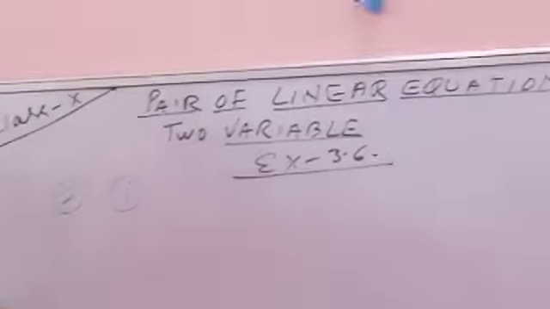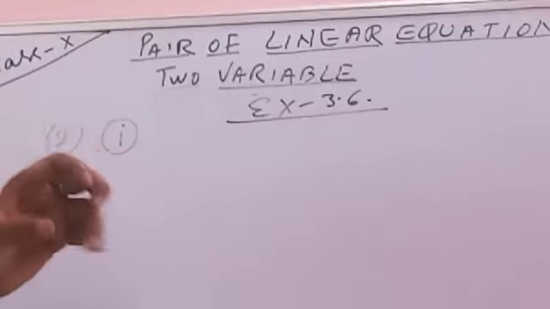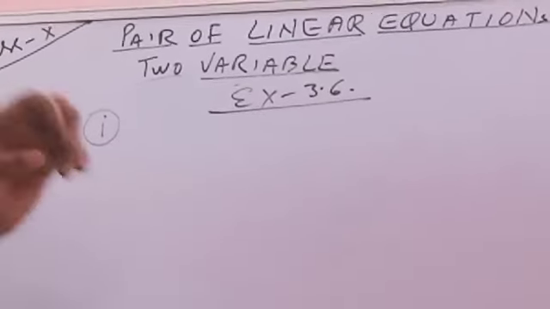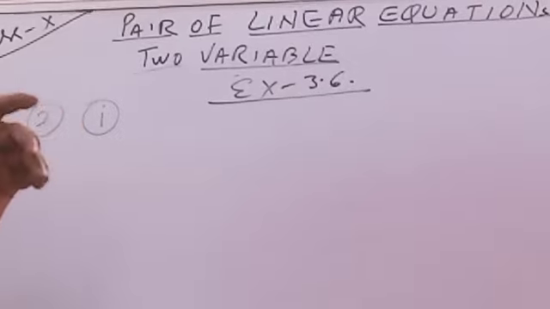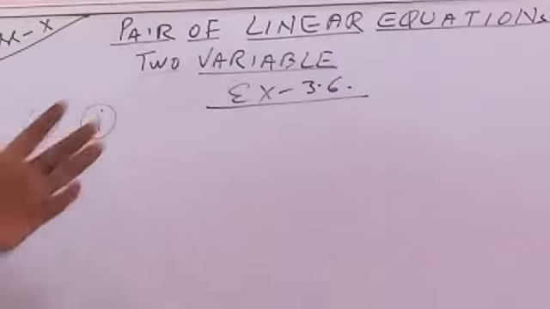Whenever the question deals with downstream and upstream, it is talking about an object floating in water. It is something about flotation. So in this case, 2 types of speed would be involved.